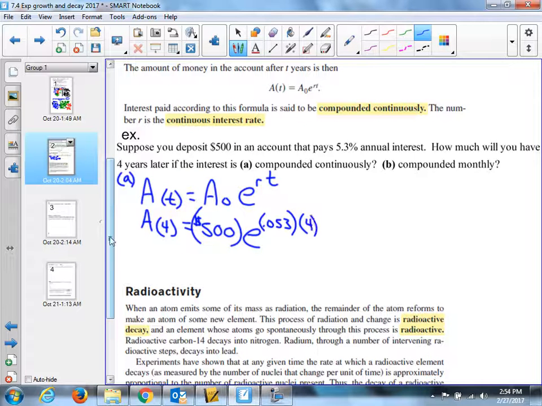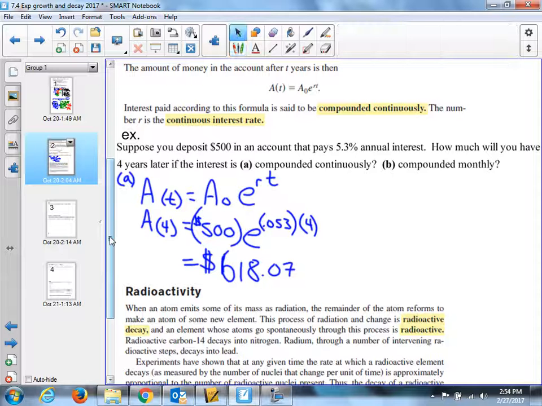If you put that in your calculator, and don't worry, I'll do it for you. $618 and 7 cents. Now AP, get used to doing 3 decimal places, but since we're talking money, I'm going to stop at 2 decimal places, because that makes dollars and cents. Otherwise, just assume 3 decimal places.